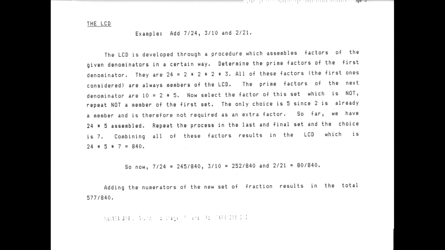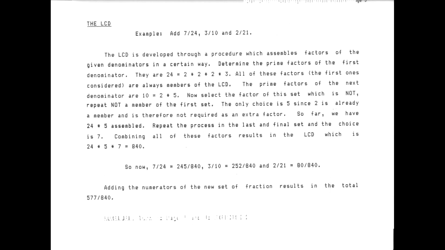That is, in the first fraction, 24 will be broken down into the primes 2 times 2 times 2 times 3. Next, 10 will be equal to 2 times 5, and finally 21 will be factored into 3 times 7.